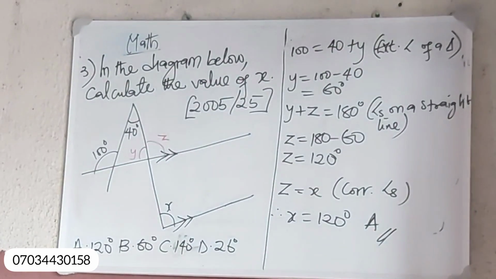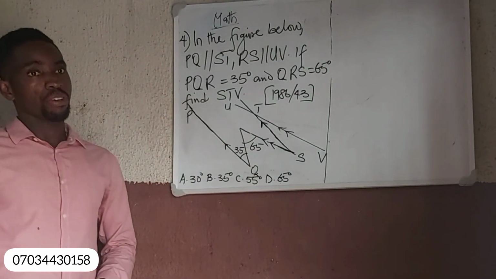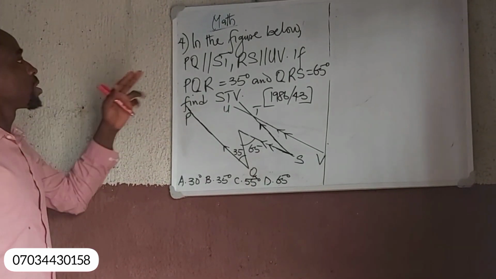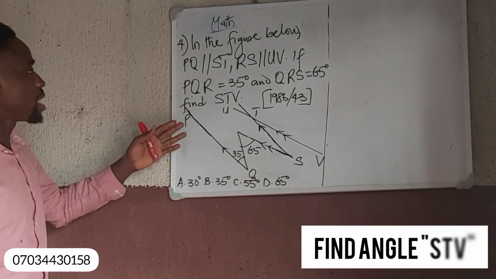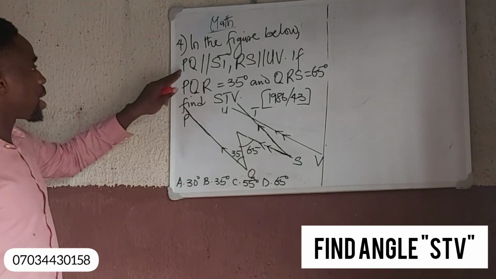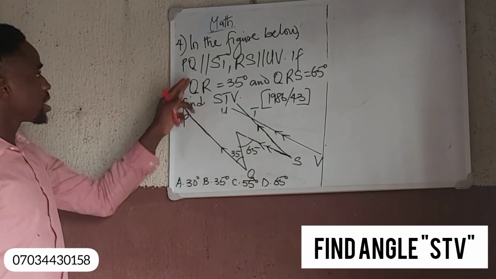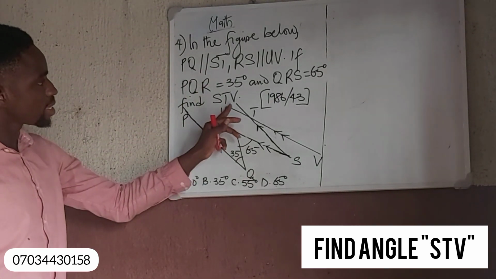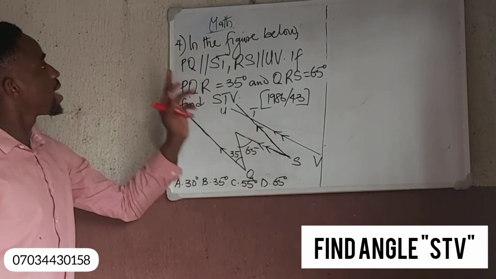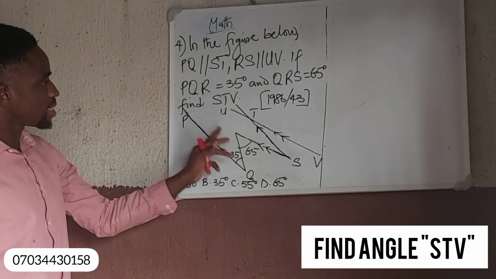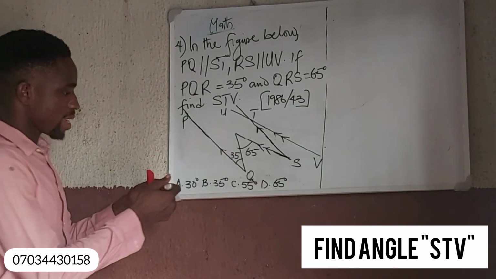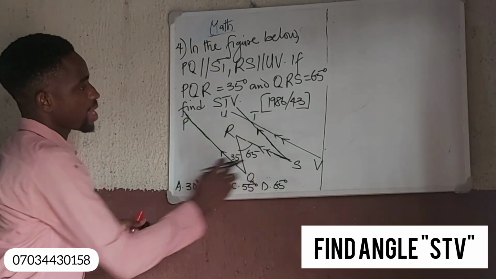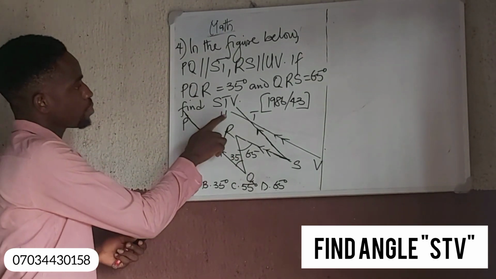Let's solve example 4. In the question we are told that line PQ is parallel to line ST, and line RS is parallel to line UV.